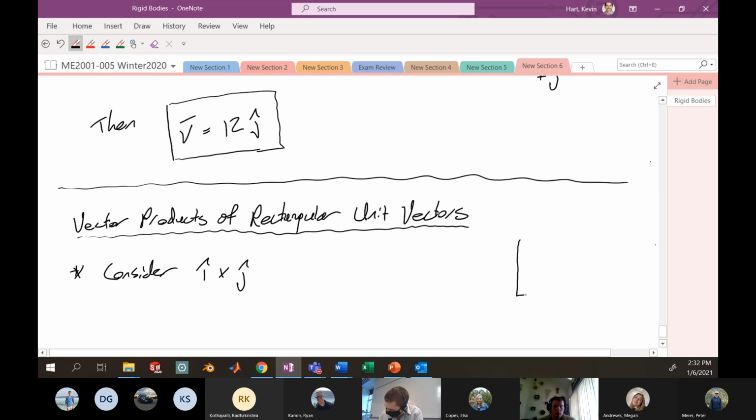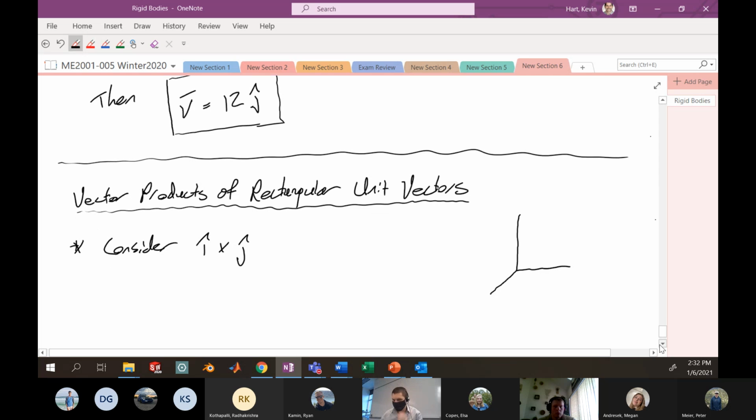And the picture you probably want to have in your head as we're doing this is a picture of a typical coordinate system. Let's go here, X, Y, Z. Notice that this is right-handed. Stick my arm in the X direction, curl my fingers towards Y. Z is going to be pointing out at me. And we know that we have unit vectors associated with these particular directions, which are I, J, K. Okay.